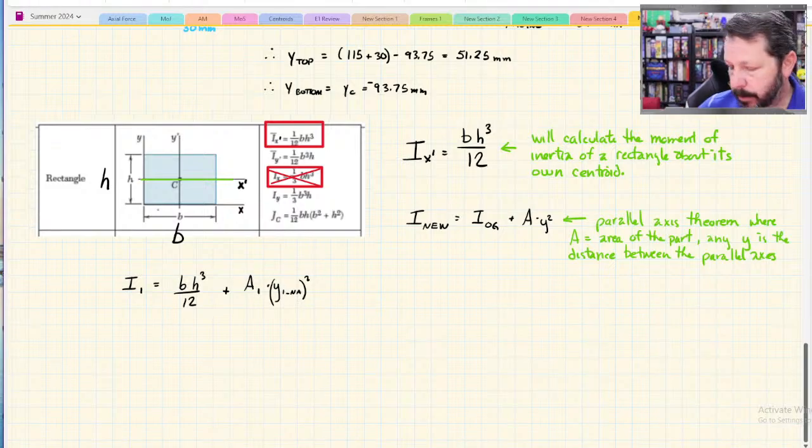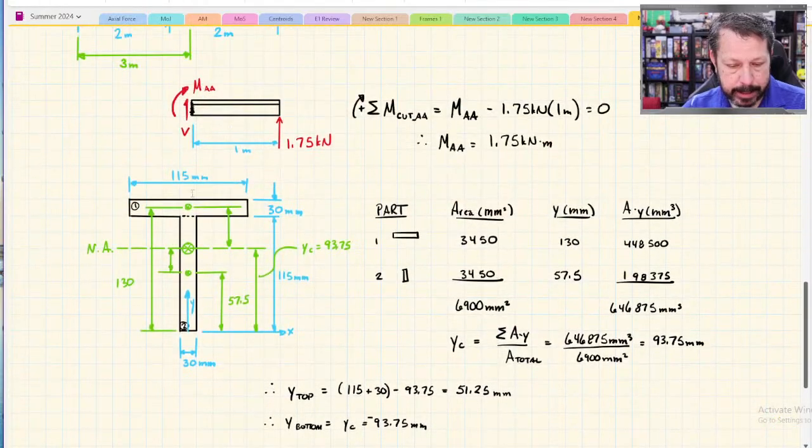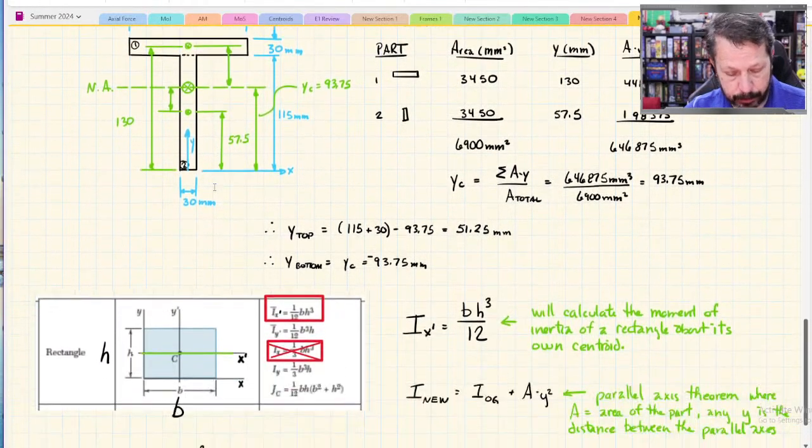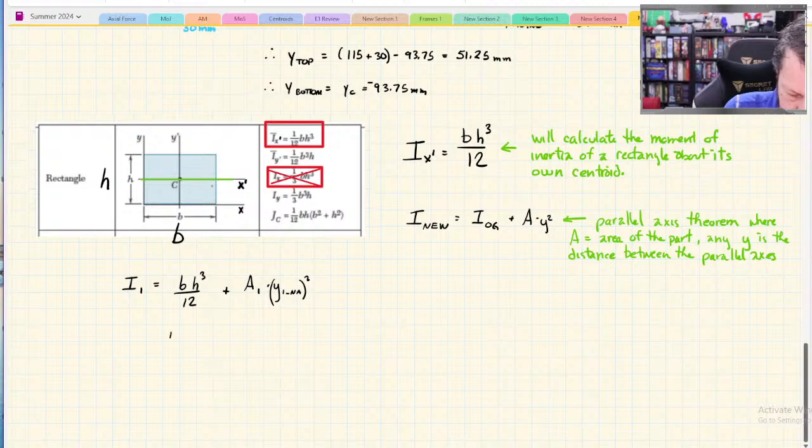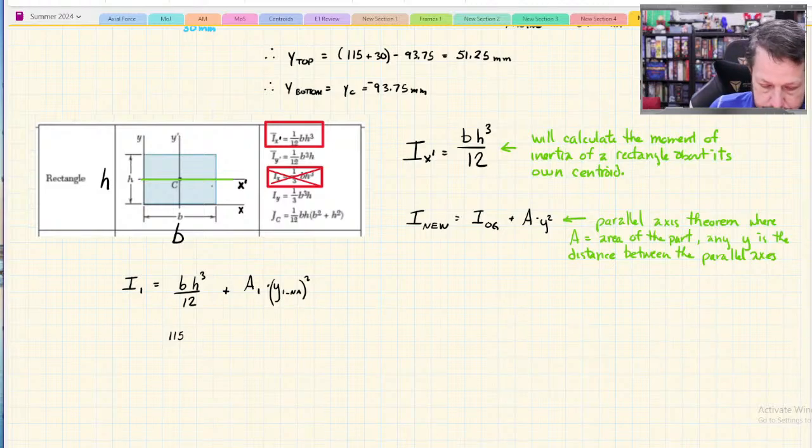So these numbers: b is 115 for part 1. I want to leave the units off because it'll get really cluttery with all the little mm's for millimeters.